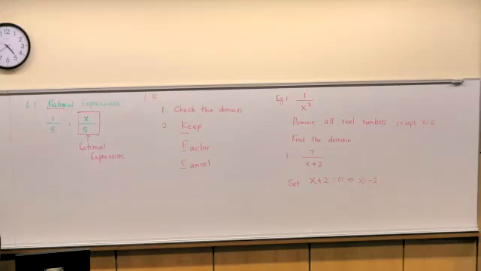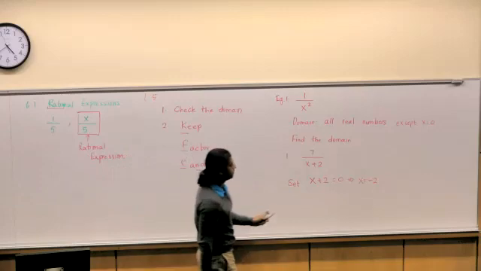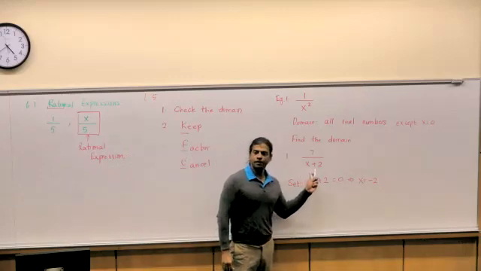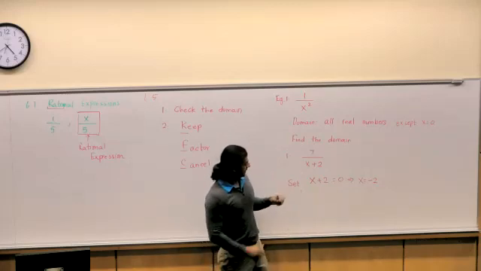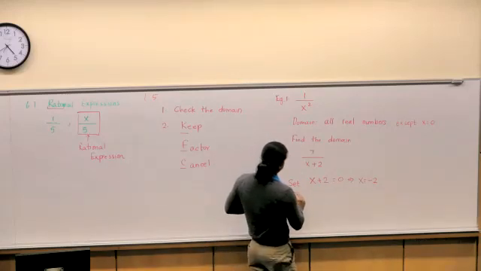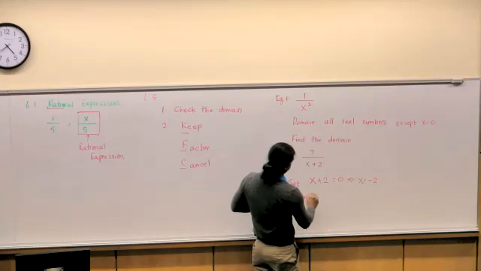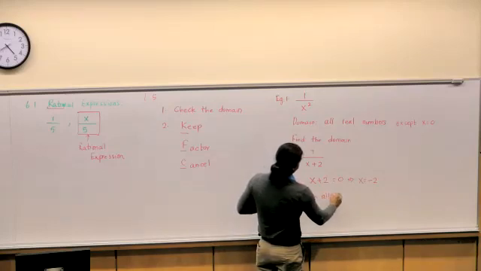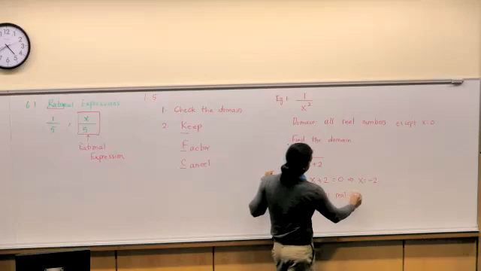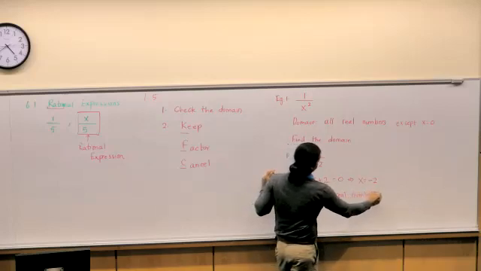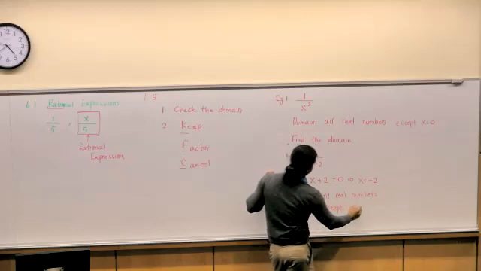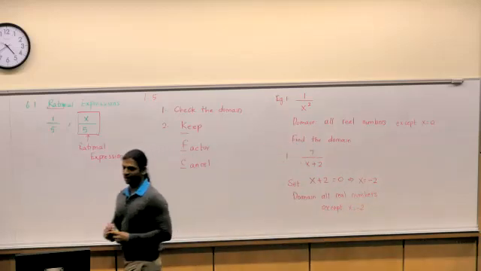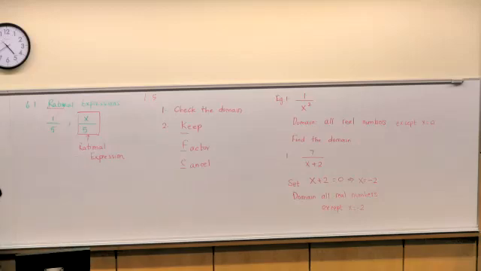So I can plug in any number I want, but I cannot plug in negative 2 because negative 2 plus 2 would make the denominator 0. So in this case, the domain is all real numbers except x is equal to negative 2.